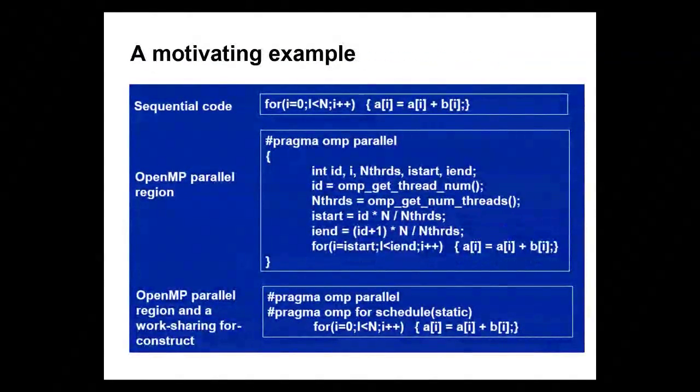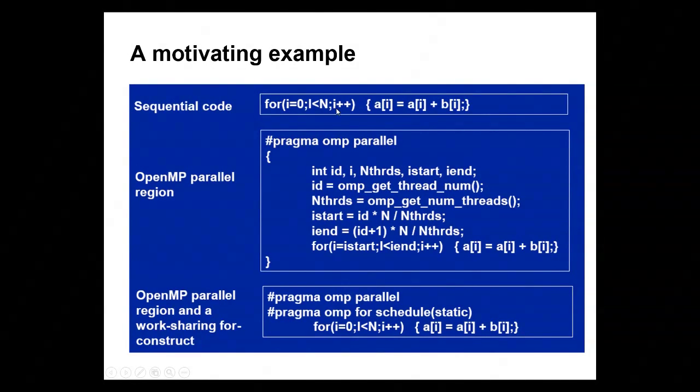The motivation is something like this. For example, you have a sequential code with a loop to run some tasks, and in a work sharing construct, you want to build your code as simply as possible. With a parallel region that creates a team of threads, you can manually force which thread does what.